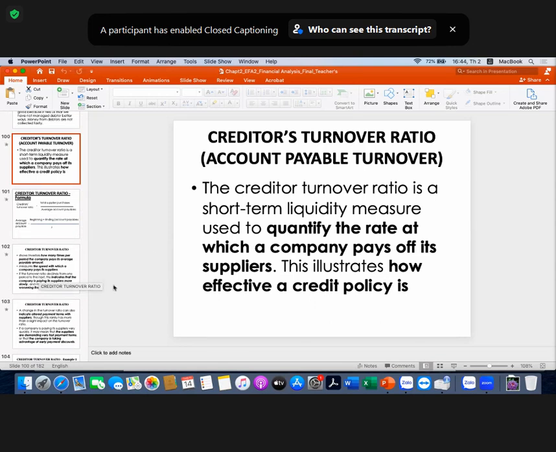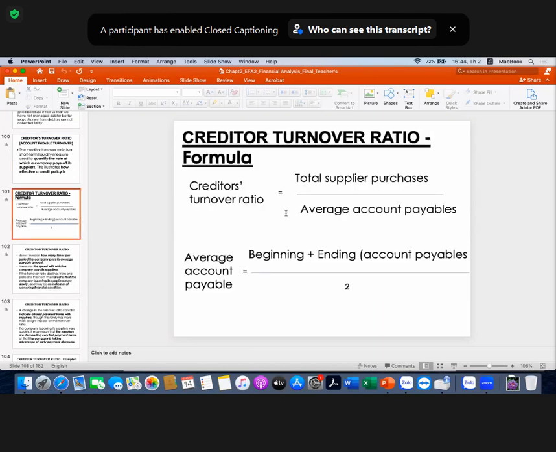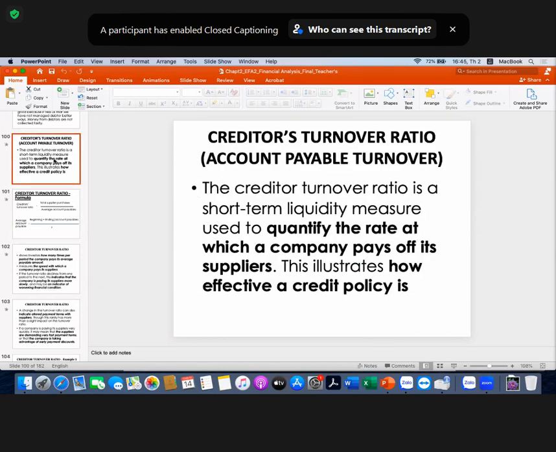Now, come on to the creditor turnover ratio or account payable turnover. As you know, creditor turnover ratio is a short-term liquidity measure used to quantify the rate at which the company pays off its suppliers. This illustrates how effective a credit policy is.